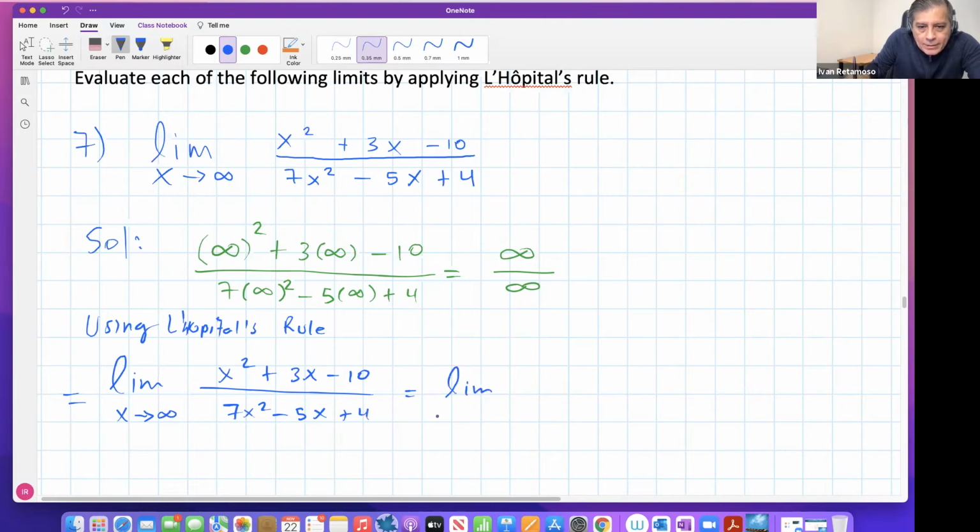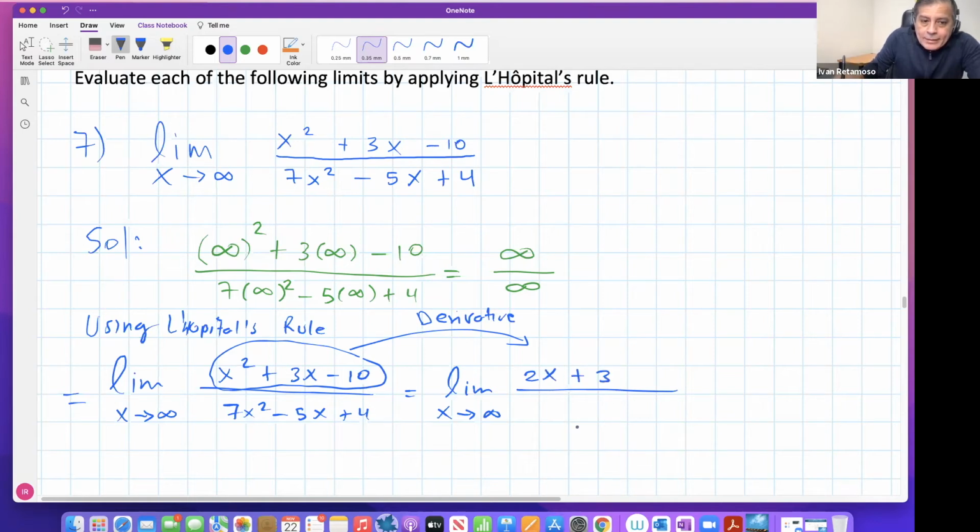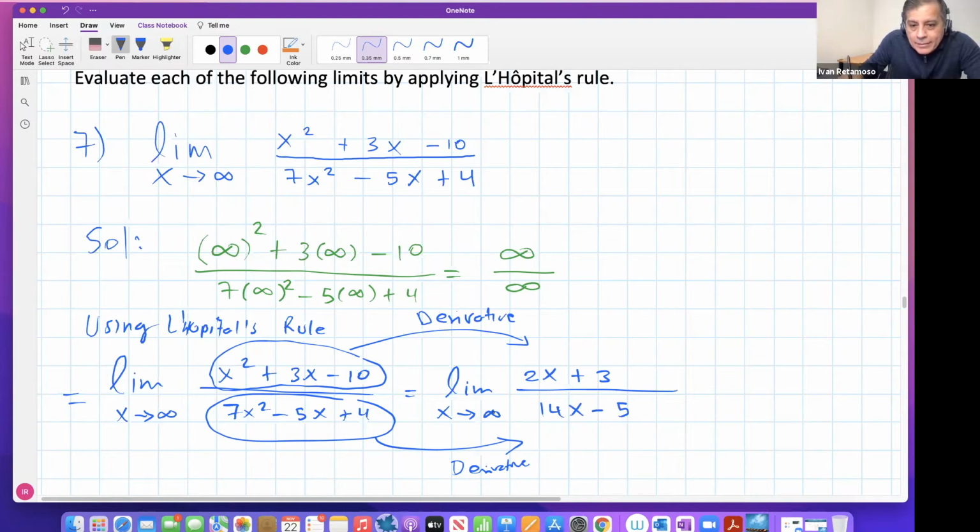Derivative of this guy, derivative of this guy. Well, great, 2x plus 3. Excellent. And the derivative of this one is 14x minus 5. Looks better now, right?